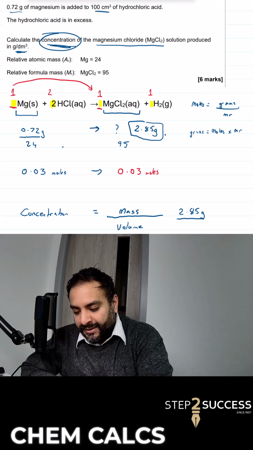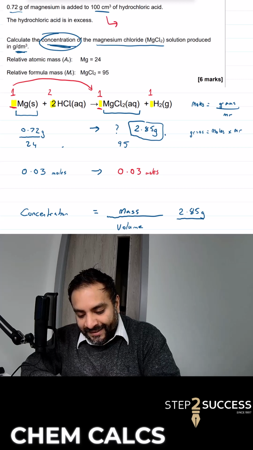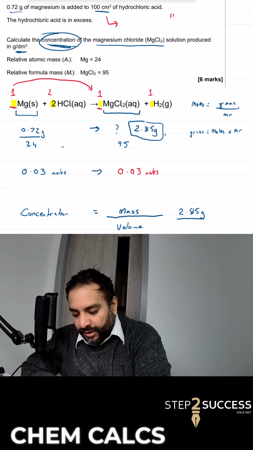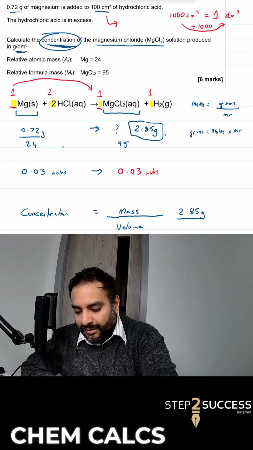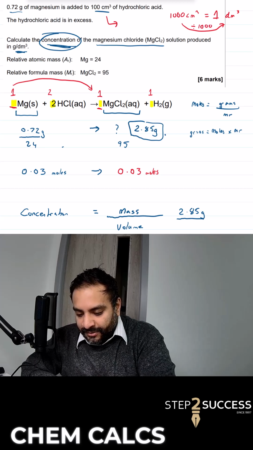The only problem with this is that we want the answer in grams per dm cubed. Now, there are 1,000 centimeters cubed in 1 dm cubed, which means that to get from here to here, I would need to divide by 1,000. 100 divided by 1,000, move the decimal point back 3 places, is 0.1 dm cubed.